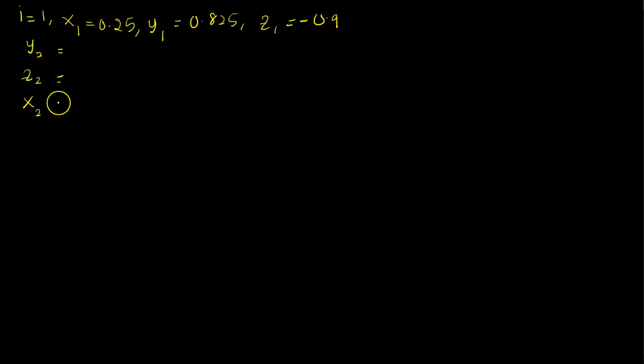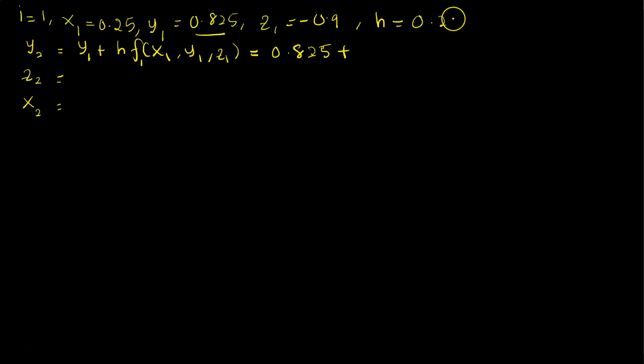So y2, based on the Euler formula, equals y1 plus h times function number 1 of x1, y1 and z1. Here y1 is 0.825, plus h, which from the question is 0.25, multiplied by the first function.